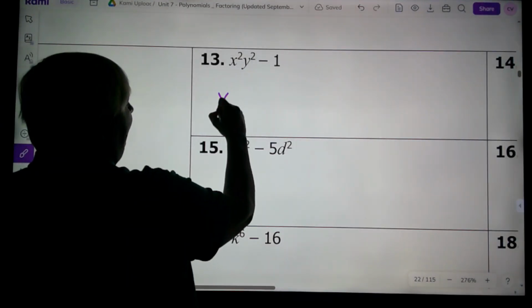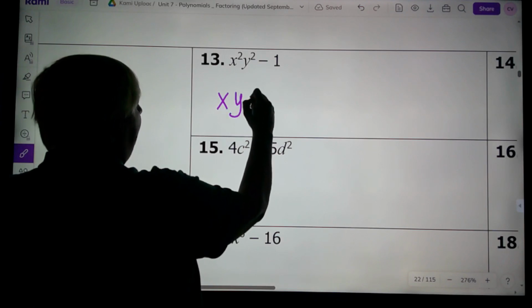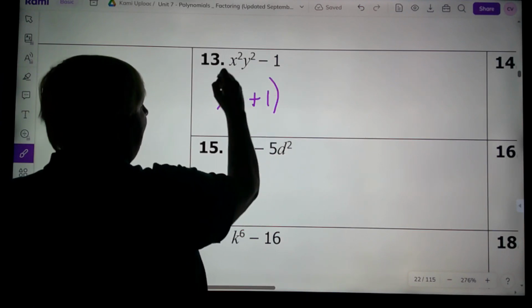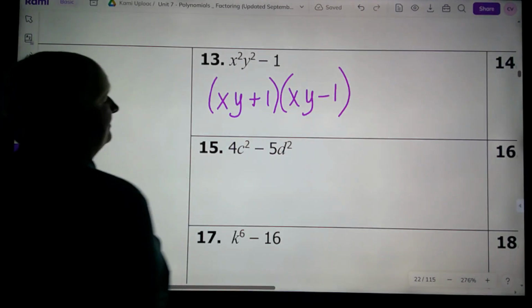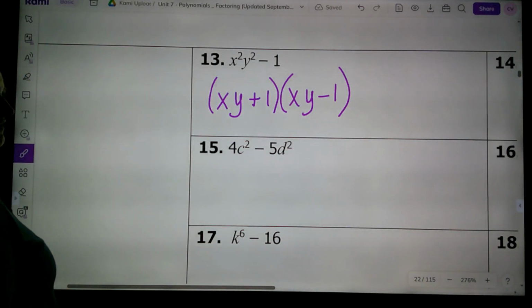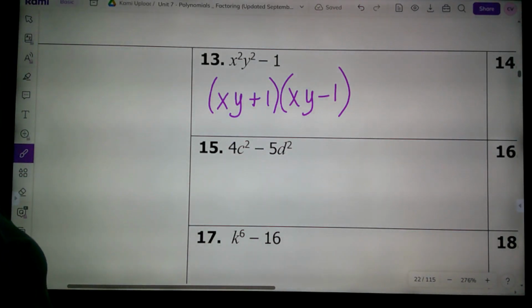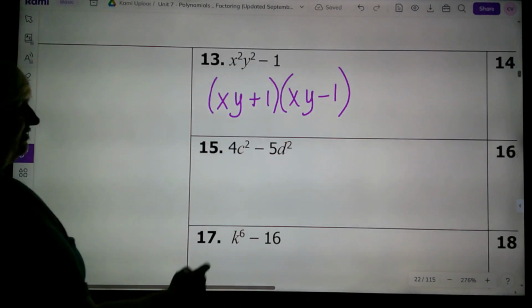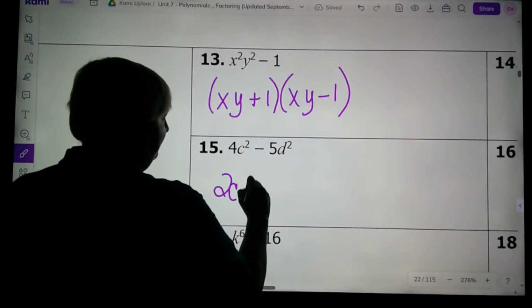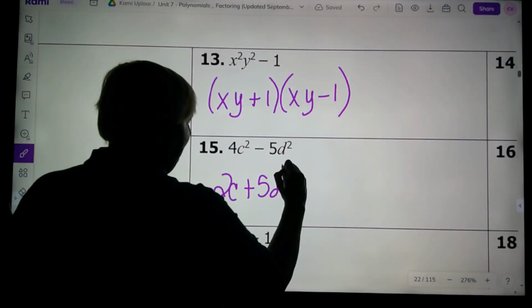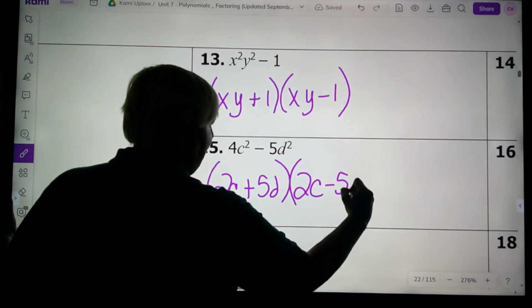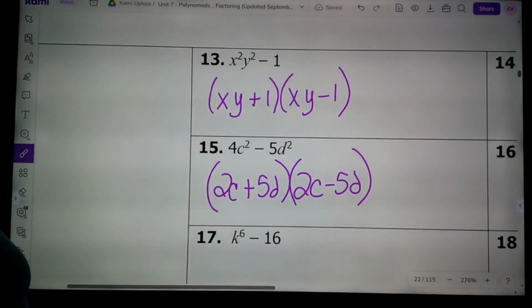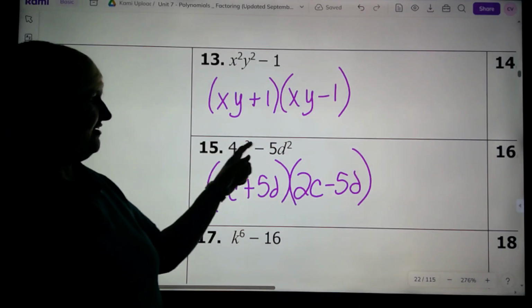Alright? xy plus 1 times xy minus 1. It's really that simple. 2c plus 5d, 2c minus 5d. Square, square.